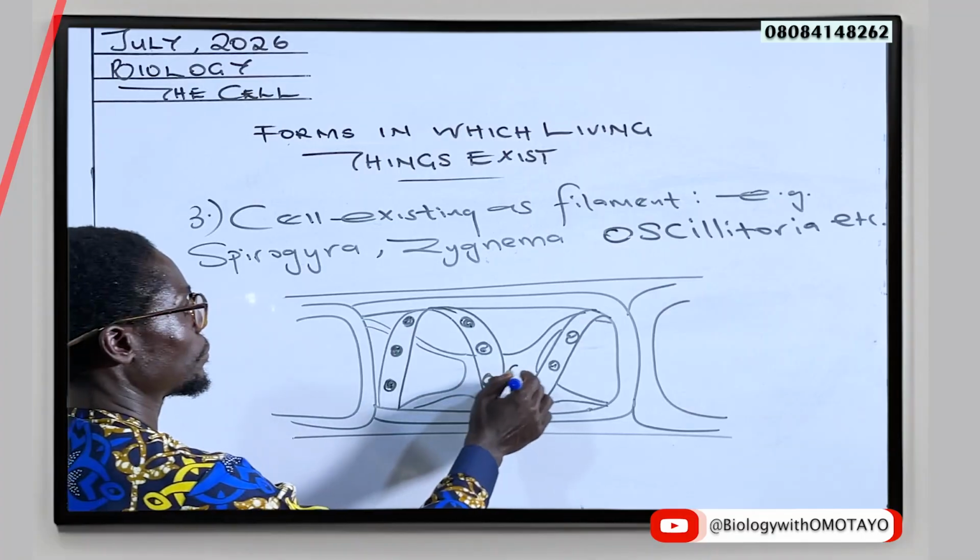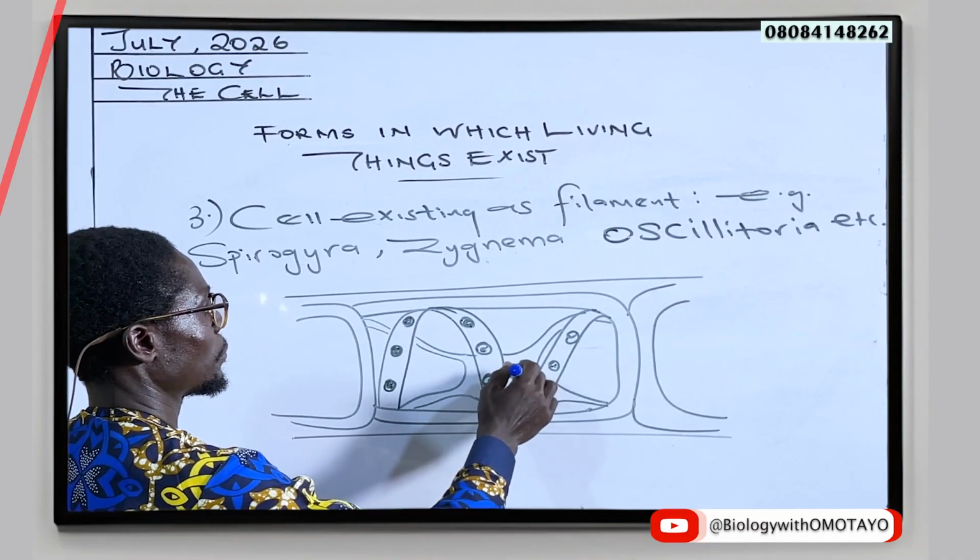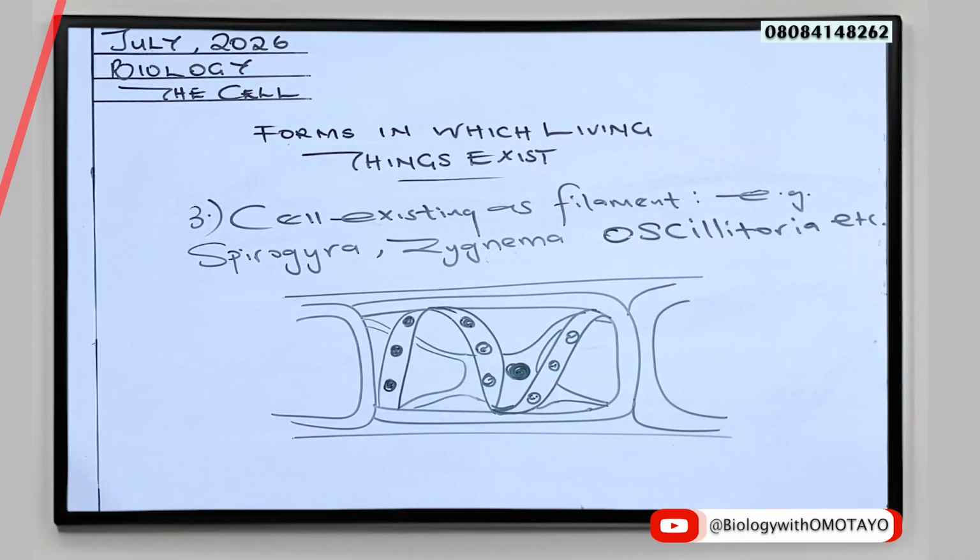So I'm having my Spirogyra now fully represented on the board. Now we'll quickly go ahead to start labeling our diagram.